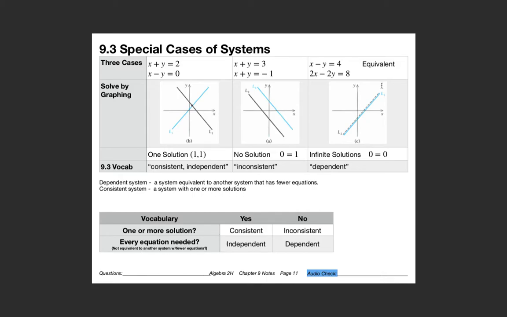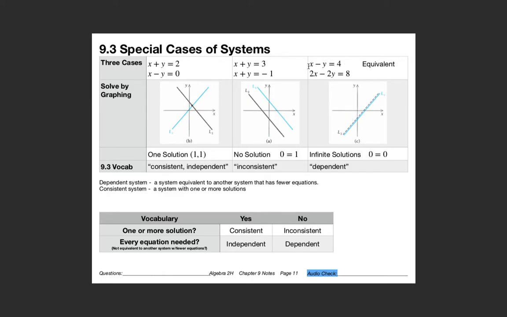Another way of saying this is, is it not equivalent to another system with fewer equations? And so here, for example, this is dependent. It's not independent. It's dependent, unlike this one. All of the points that are solutions to this system here are also equivalent to just x minus y equals 4.